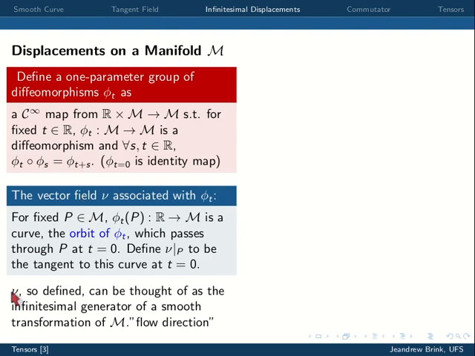Okay, so basically a vector so defined is thought of as an infinitesimal generator of a smooth transformation of M, or the flow direction. So if you think of ODEs, the ordinary differential equations just in Rn, we basically had x dot equals a whole bunch of functions on the right-hand side. I said view those functions on the right-hand side as a vector that's pointing in phase space.